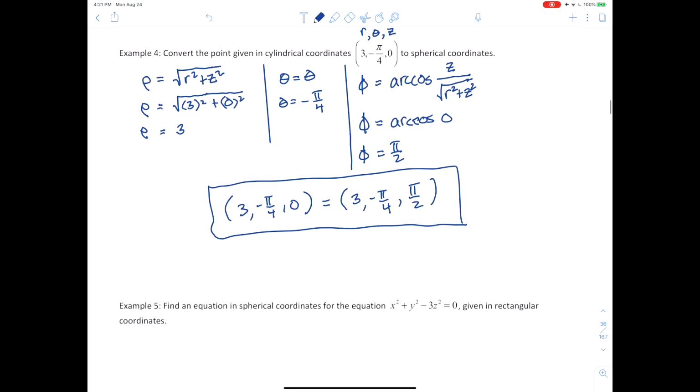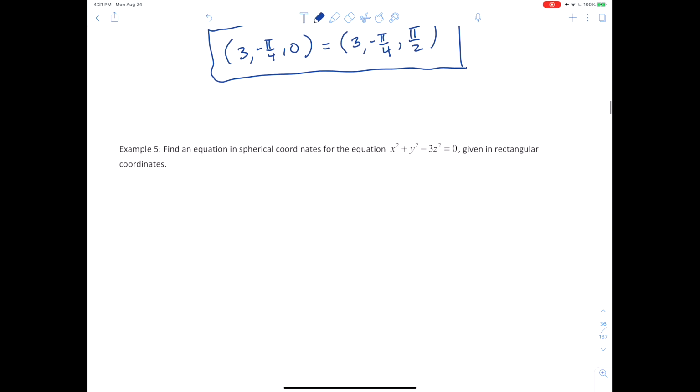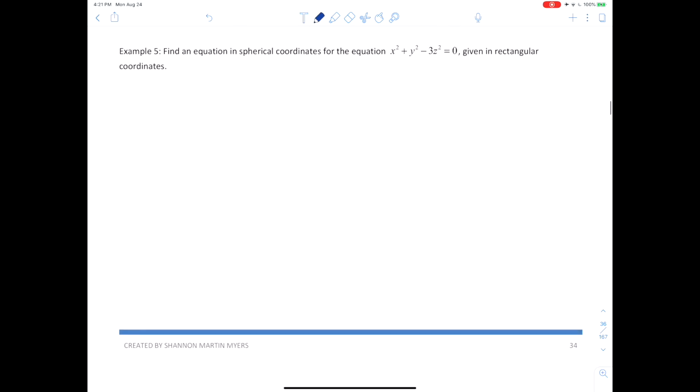All right, so example 5, which is our last one. Find an equation in spherical coordinates for the equation x squared plus y squared minus 3z squared is equal to 0, given in rectangular coordinates. So let's check it out. X squared plus y squared minus 3z squared equal to 0.